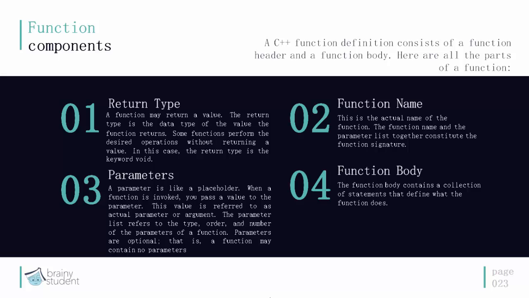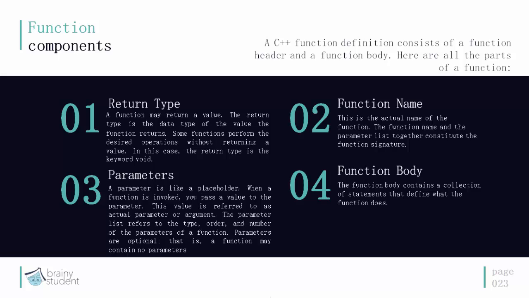It is to be noted that the type of formal argument declared should also be the same as the actual argument. Means you can't change the data type of actual argument and formal argument. It should be the same. Then function body.